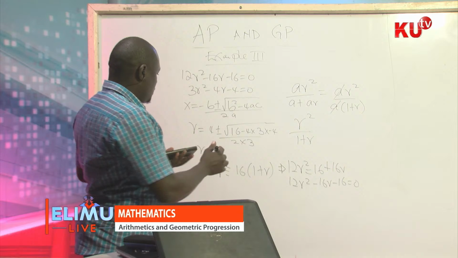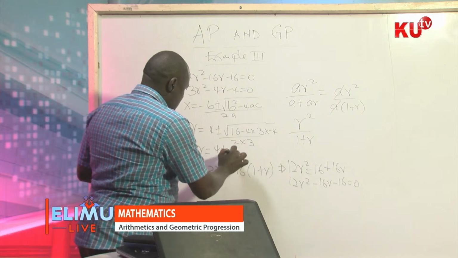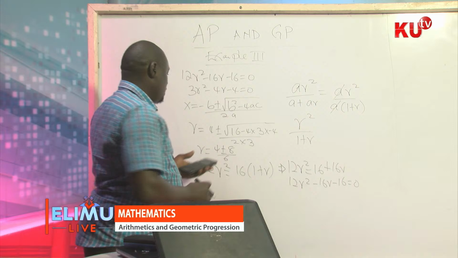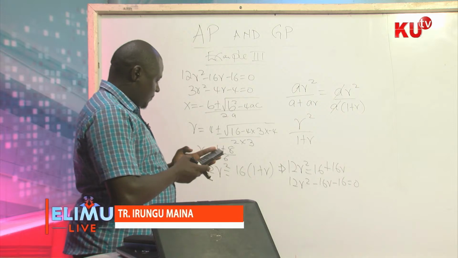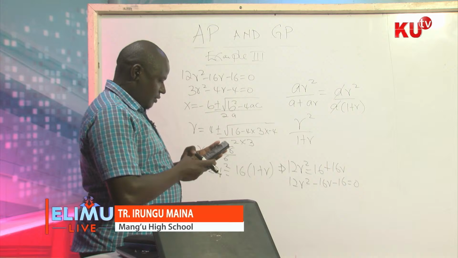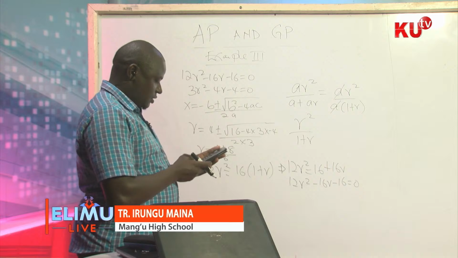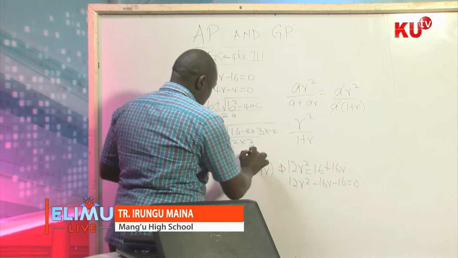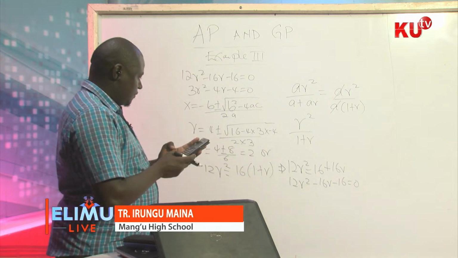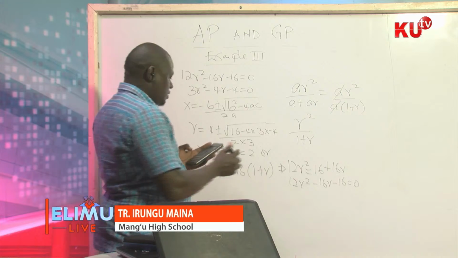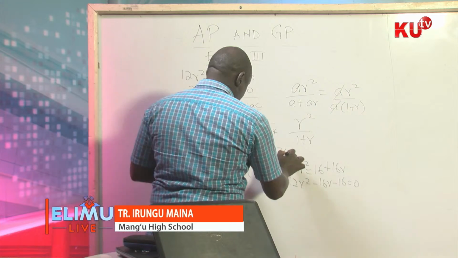So this is 4 plus or minus 8 over 6. 4 plus 8 is 12, divided by 6, that is 2. Or 4 minus 8, which is negative 4, divided by 6, is negative 2 over 3.